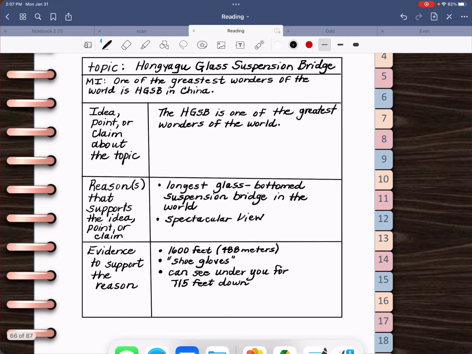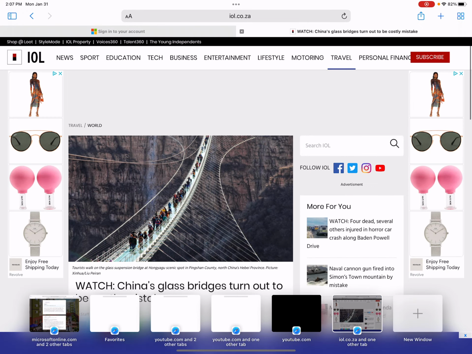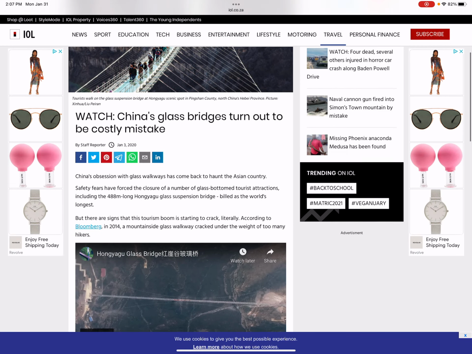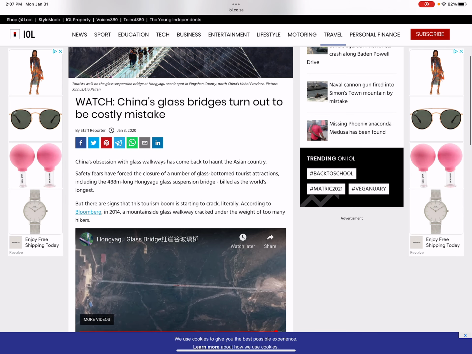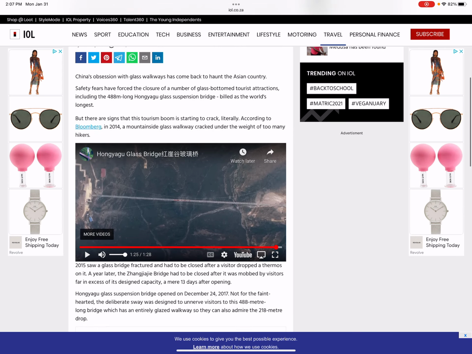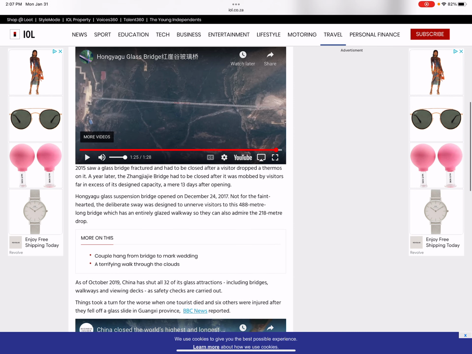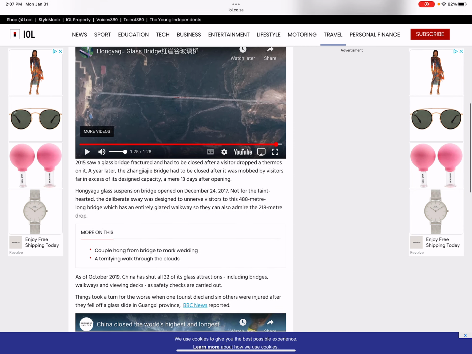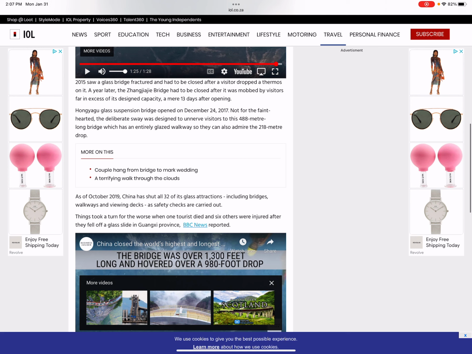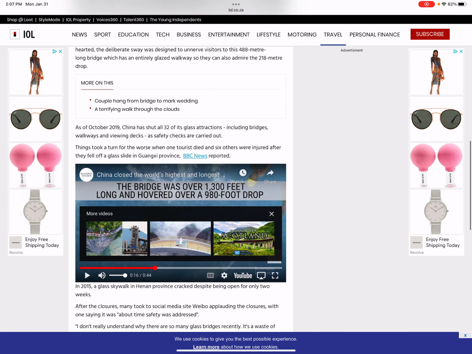Now, there's one other thing I want to show you about the bridge. The bridge was closed in, let's see, as of October 2019, China has shut all of its glass attractions, including that bridge.